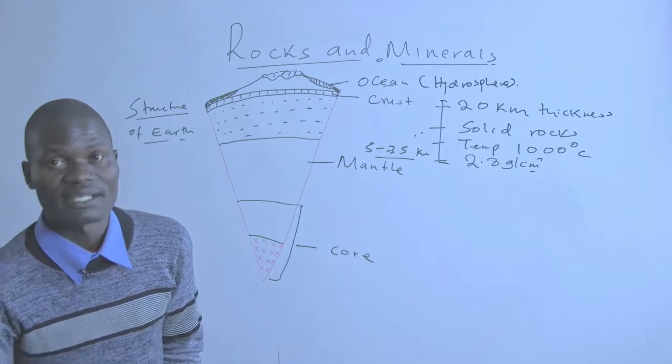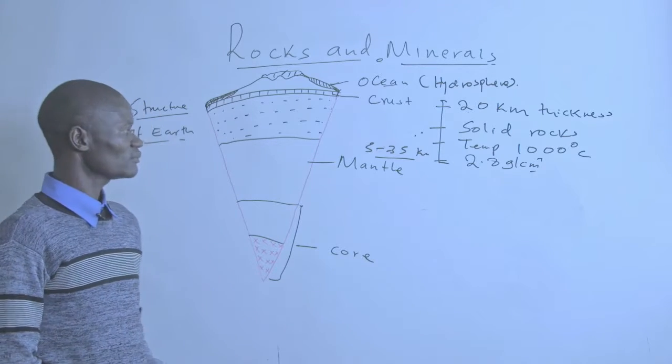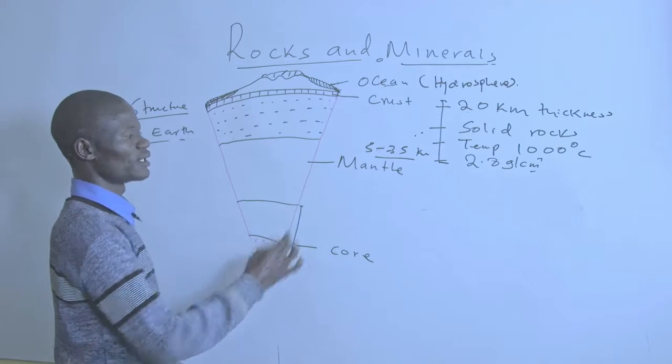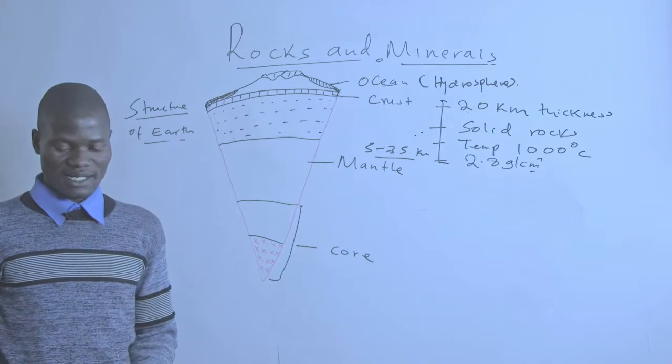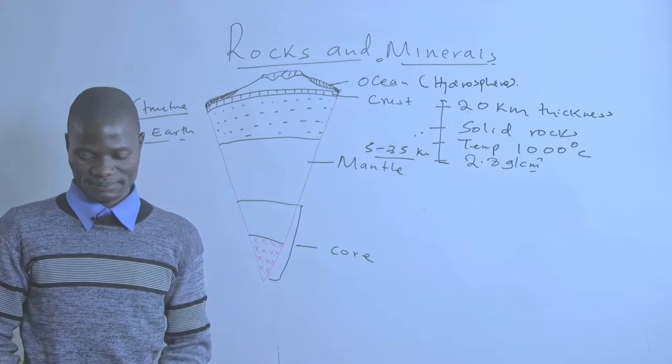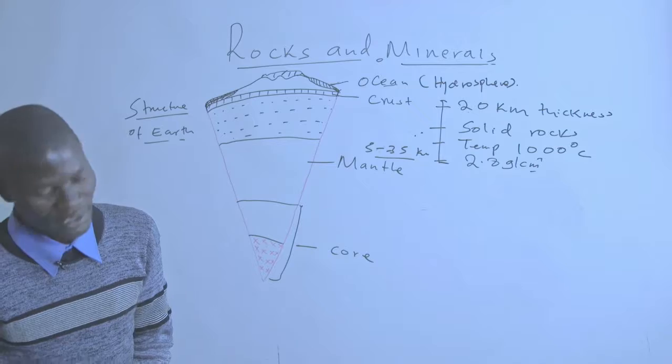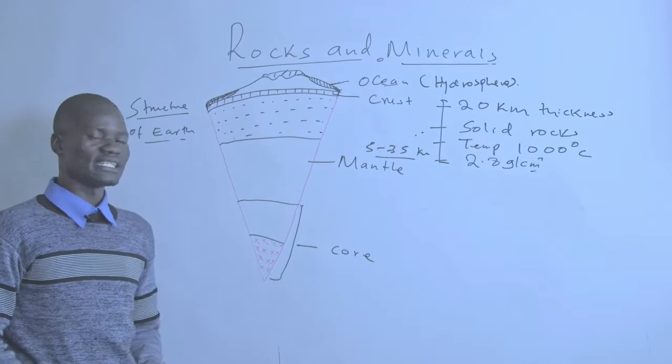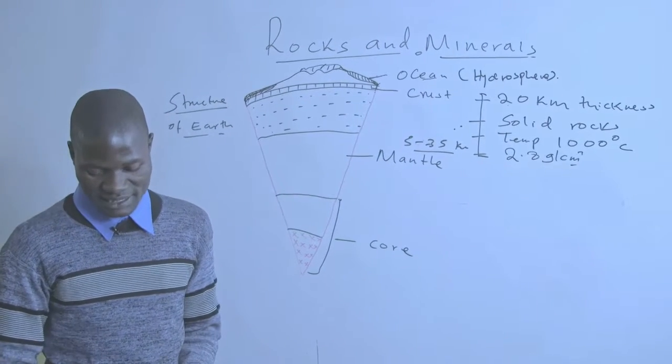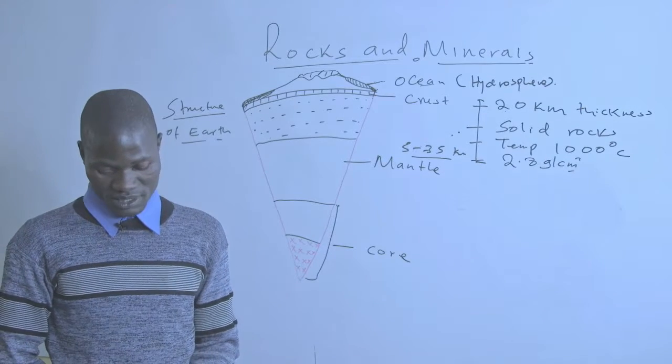We also have the mantle. The mantle is the second layer after the crust. The mantle makes up 80% of the earth's structure.